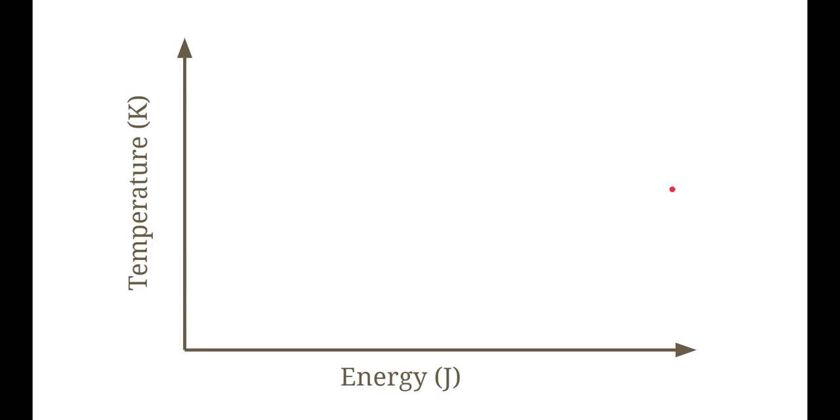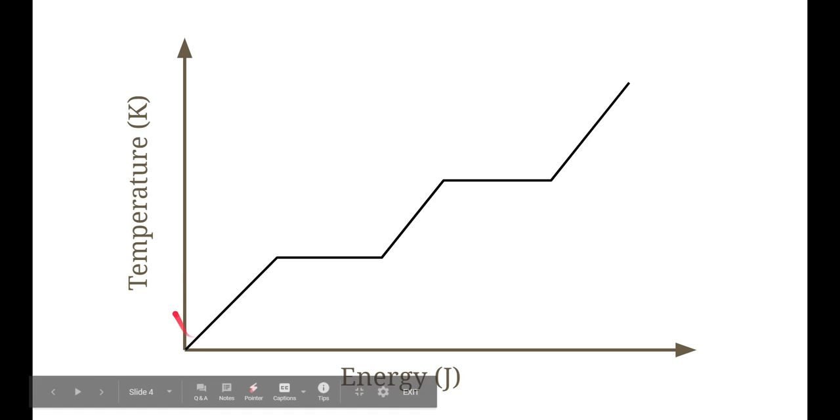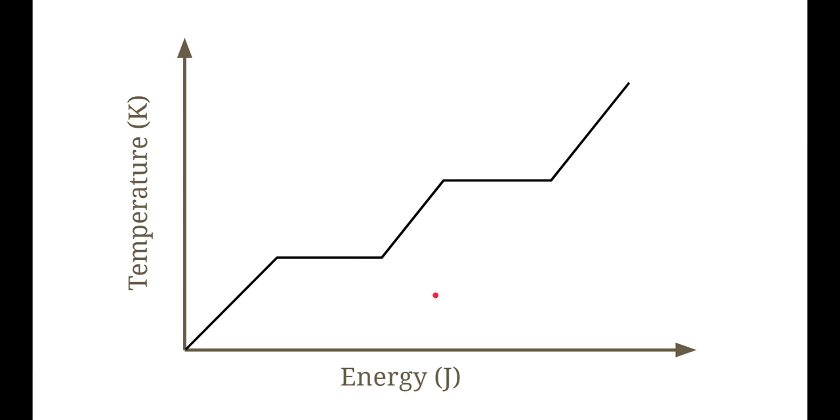For the graph on your notes, I'm going to ask that you draw this curve because this curve describes most materials. And so this is the shape that you should draw. It consists of 3 diagonal sections and then 2 horizontal sections in between those diagonal ones.